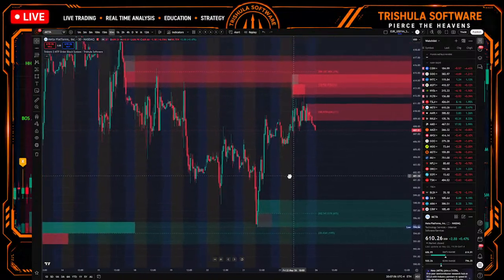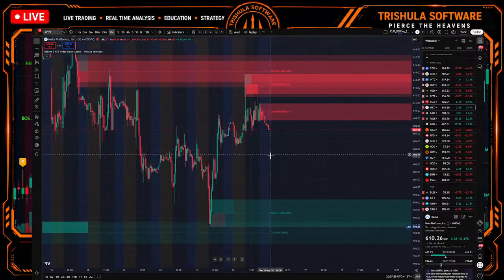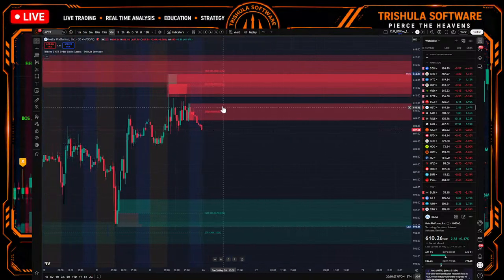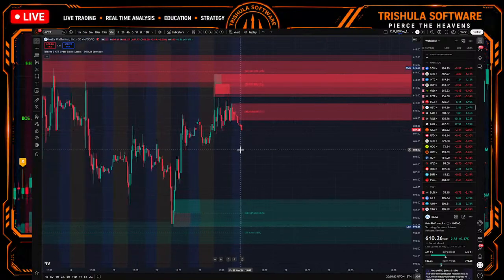But also, don't use this as the entire bee's knees, because Meta can easily hit back down to this level, consolidate, and bounce right back up and pierce through all these order blocks. But at least you know that when these come up, it maps out where everything is level wise.